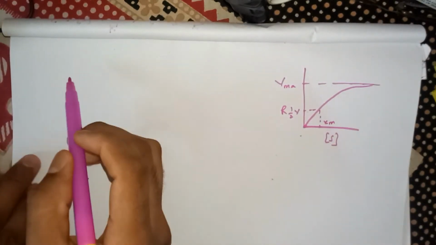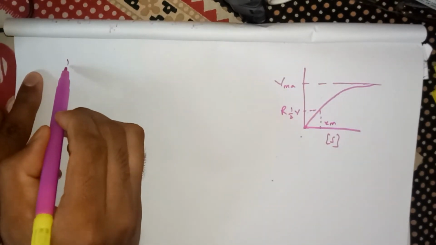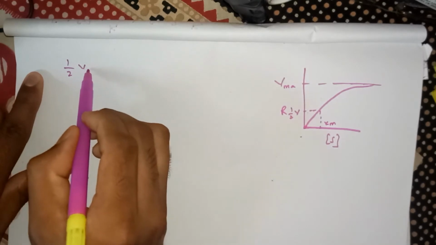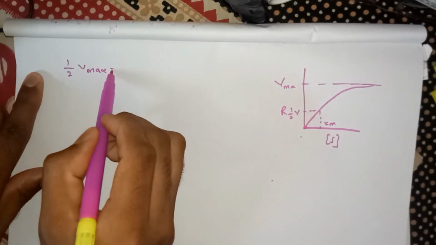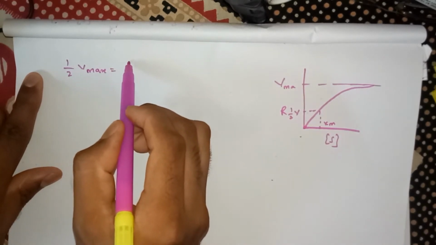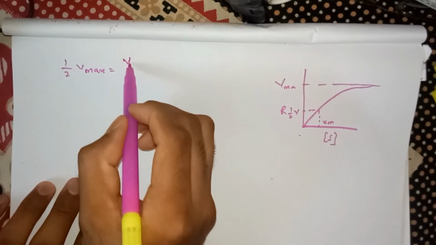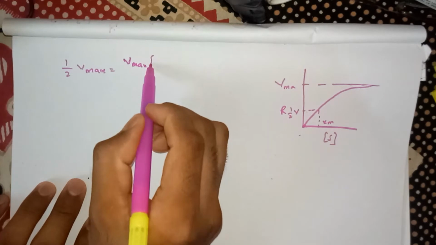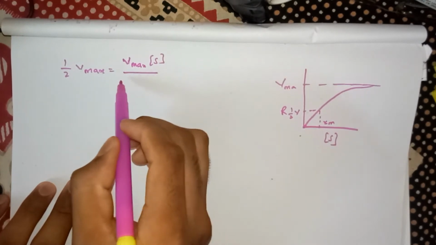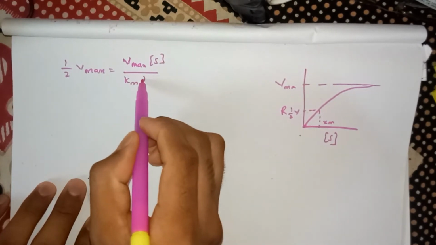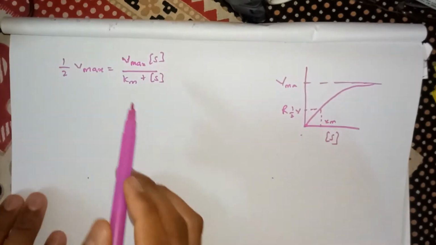Okay, and the equation that we got above was 1 by 2 Vmax is equal to Vmax into S by Km plus S.